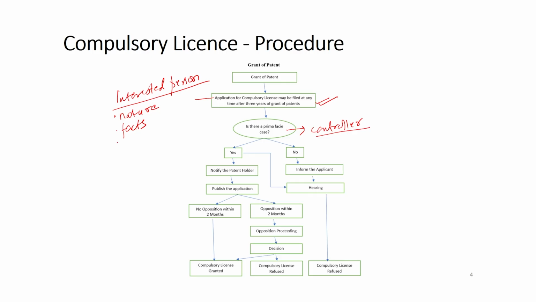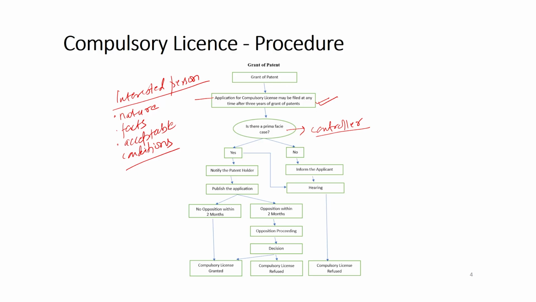He has to also explain acceptable conditions, conditions which are acceptable to him, on what terms and conditions he is willing to accept the compulsory license, because he may not be willing to accept the compulsory license after paying remuneration which is very high and beyond his capacity.